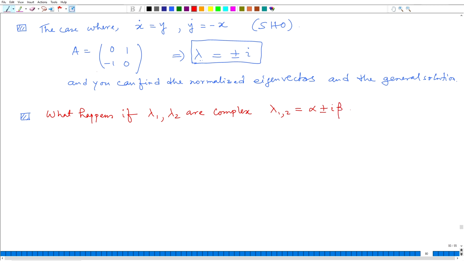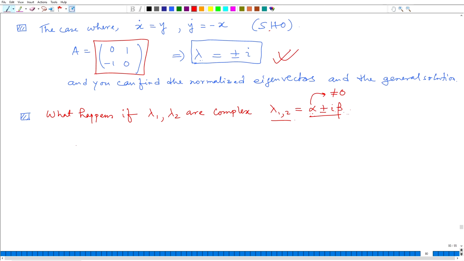As I said, the entries of the coefficient matrix are always real. So, even if the eigenvalues are complex, they should be complex conjugates. Okay. So, alpha plus minus i beta, and alpha is not equal to 0. If alpha is equal to 0, then of course, you have the case of simple harmonic oscillator. If this is not equal to 0, okay, then what happens?